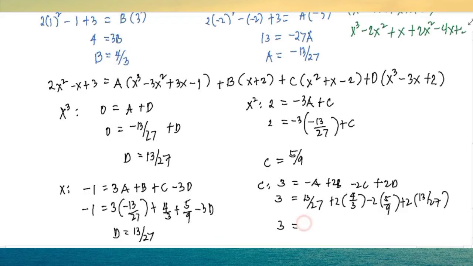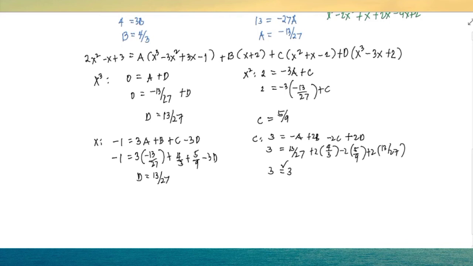So meaning tama yung mga nakuha nating value. So a is negative 13 over 27, b is 4/3, c is 5 over 9, d is 13 over 27.